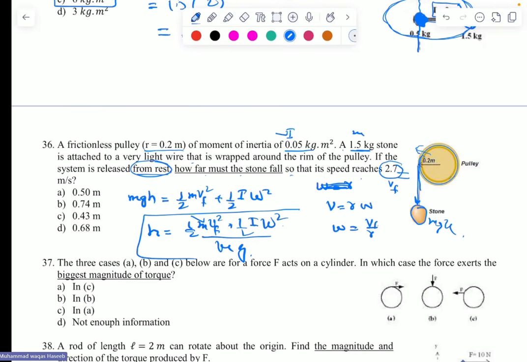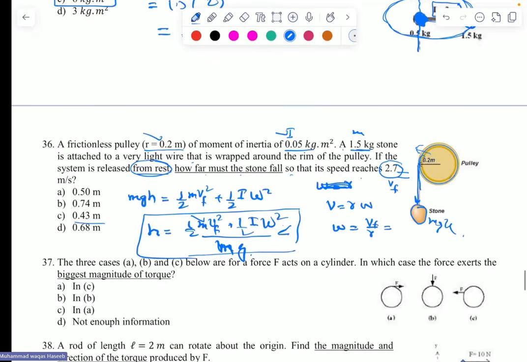So omega is Vf over R. We substitute the values here, the mass of the stone and all the constants. Now if we calculate this, sorry, you will get 0.68 as the height.